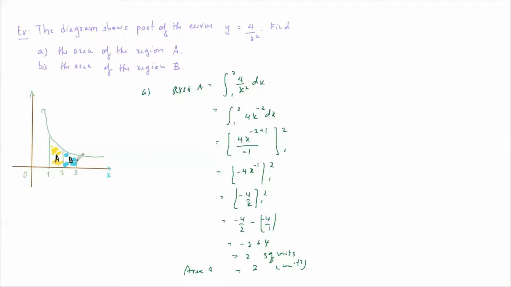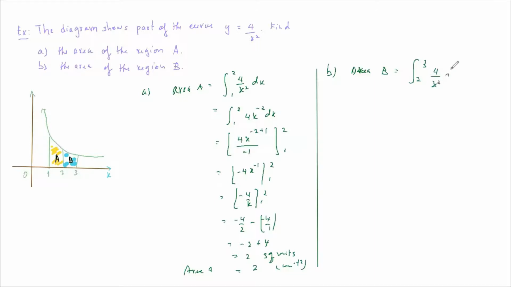For the area B, do the same way, but from where to where? From 2 to 3. So question B, you integrate and you will get the same. Area B is from 2 to 3, but still the same y, the same function.